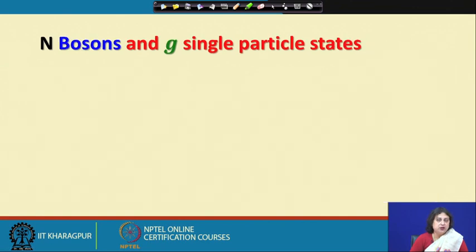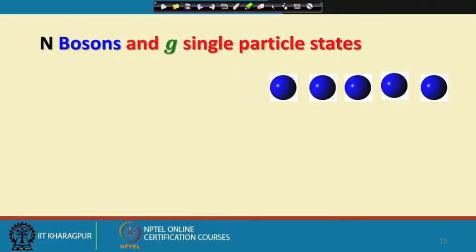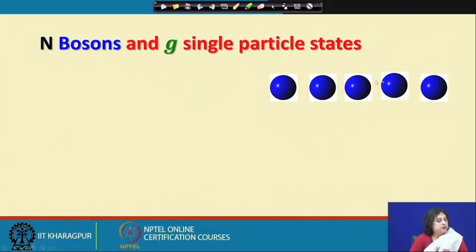So, in the case of n bosons and g single particle states, let us say that the blue balls represent these bosons, and in this case I am using 1, 2, 3, 4, 5 identical blue balls to represent the bosons.